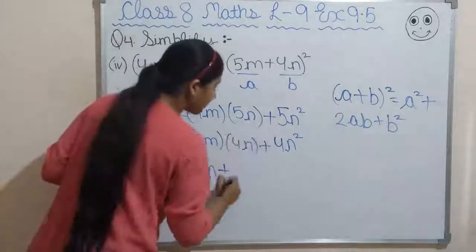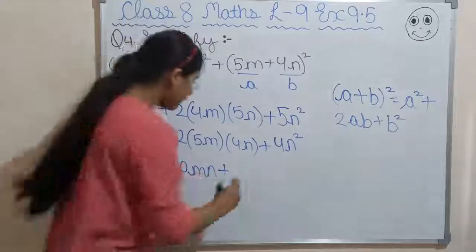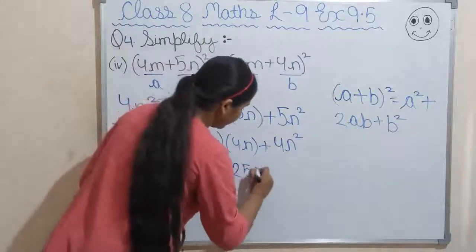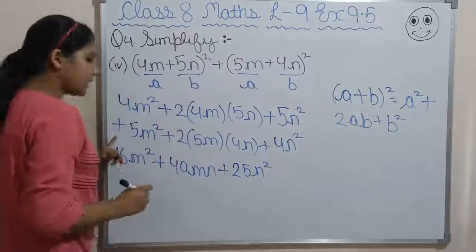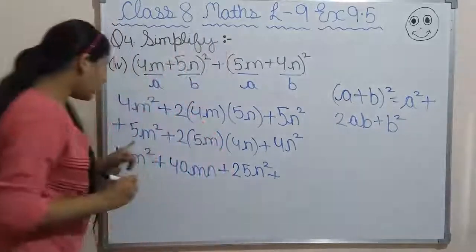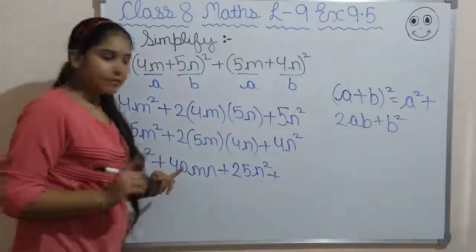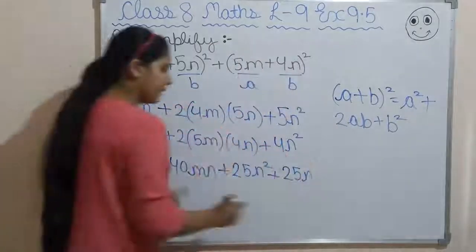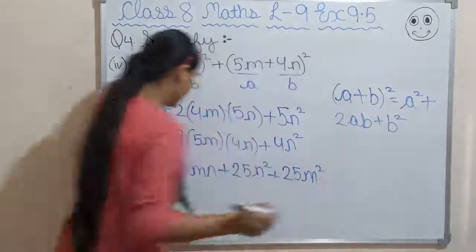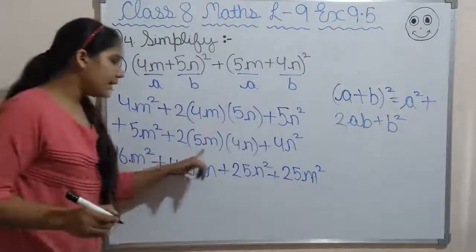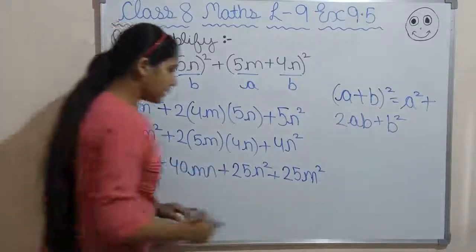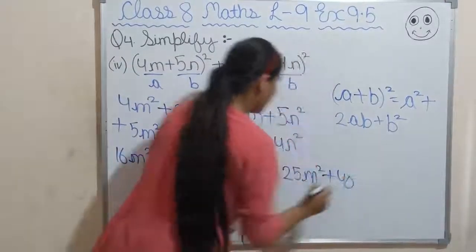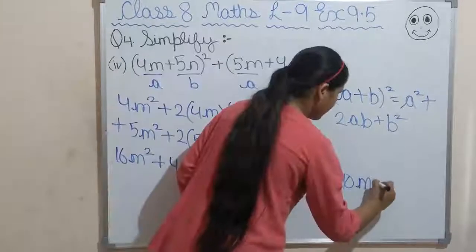Then plus 5n square, which means 5 5s are 25, so 25n square. Then plus sign as it is, 5m square. 5 5s are 25, which means 25m square. Then plus 2 5s are 10, 10 4s are 40, means plus 40mn, m into n.